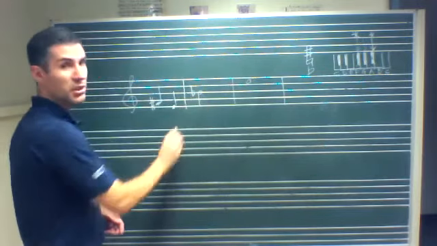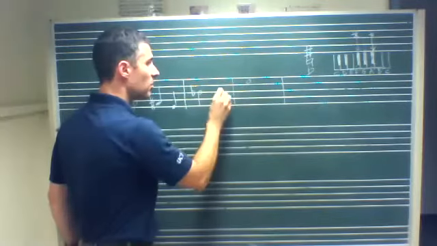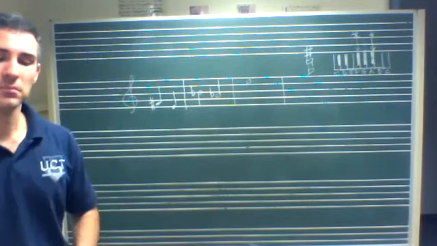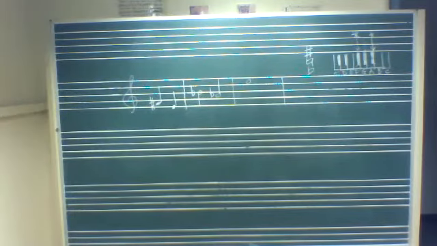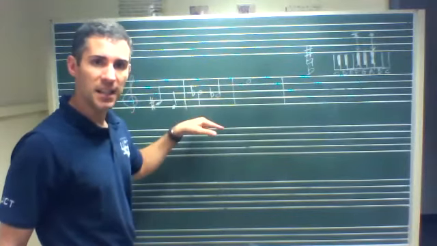What is our answer going to be? A flat, correct. Why is it A flat and not G sharp? G sharp will be incorrect, because it wouldn't be the next letter name down. This is B, and we need to have an A. Okay?